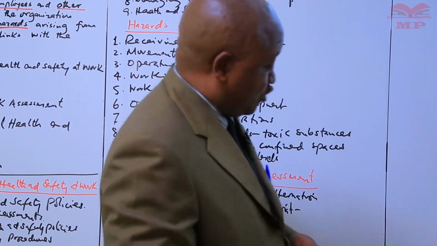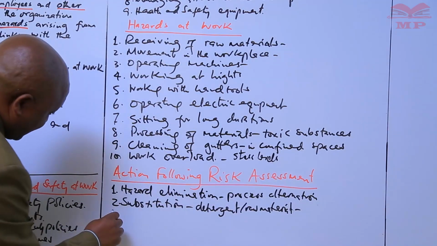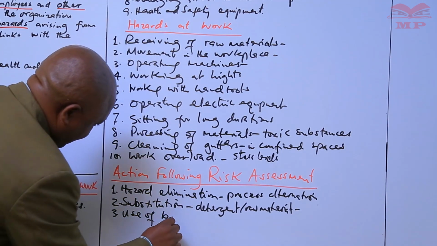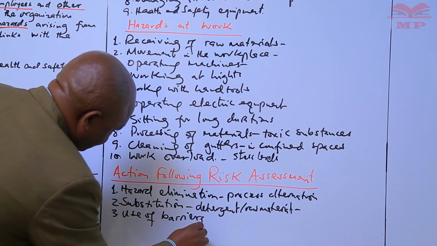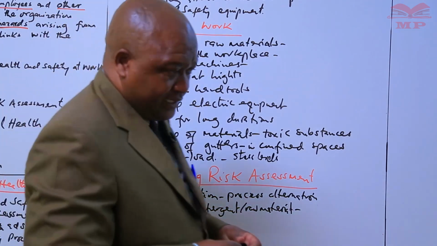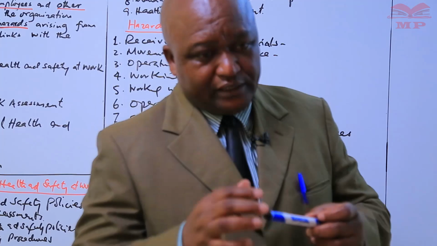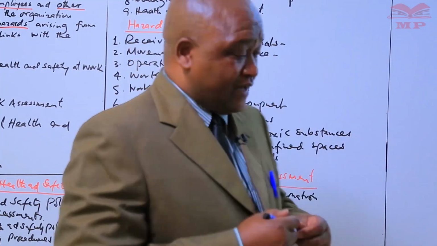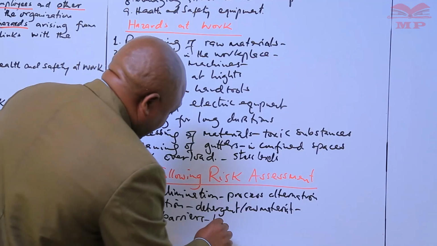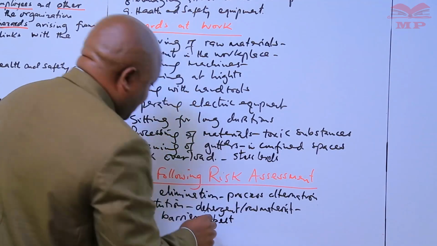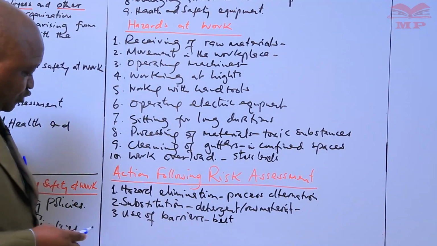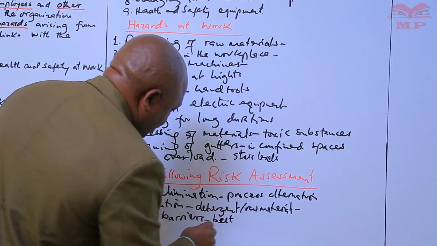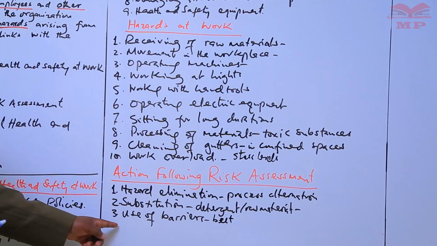Then there is also what you call the use of barriers. So what happens here, dear learner, you may go to a machine room and you realize that the machine has a particular belt that is rotating. That belt could be the risk that you have observed could injure an employee.